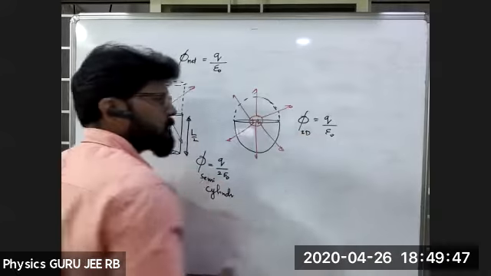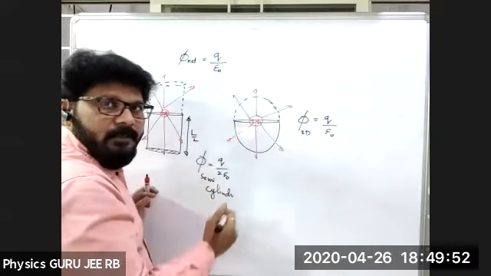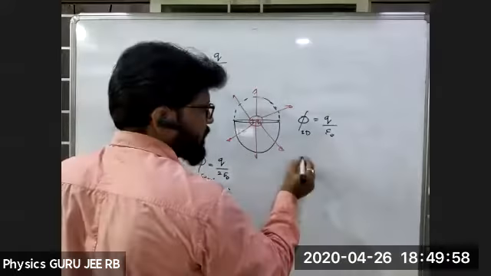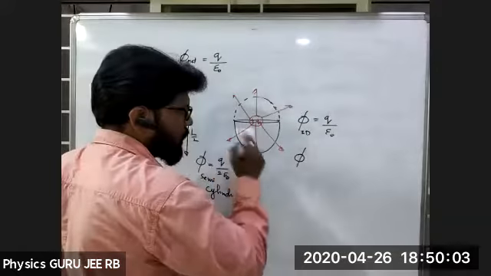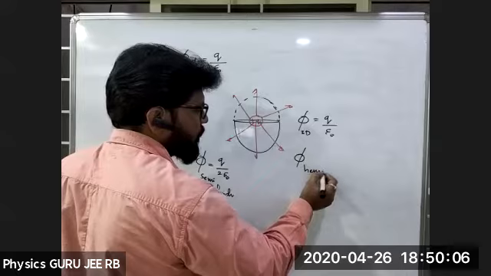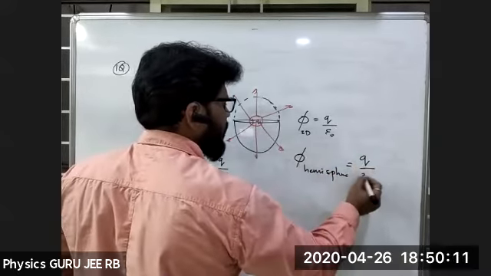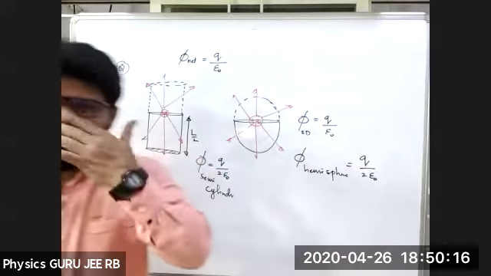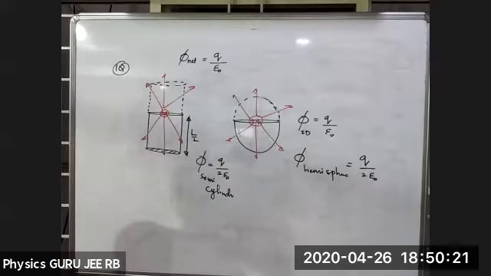Half of it is going up, because this is symmetric, both upward and downward. So the flux through the hemisphere I can write as Q by 2 epsilon naught. Hope you are getting this. Just note it down. Then we'll go with the next question. Just take screenshots.